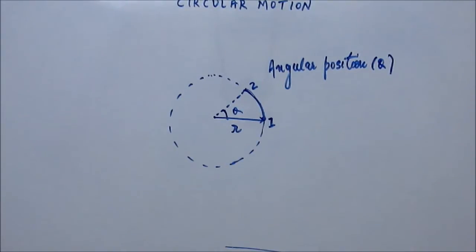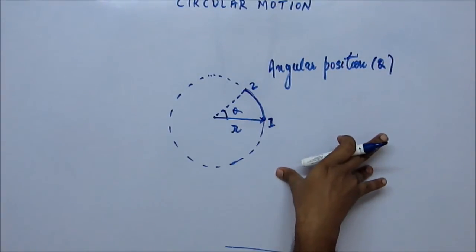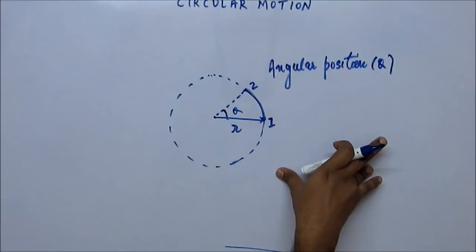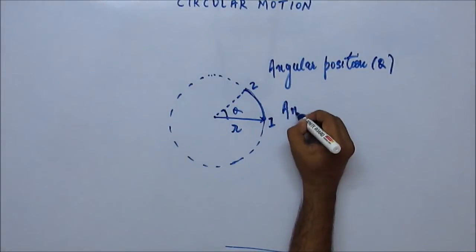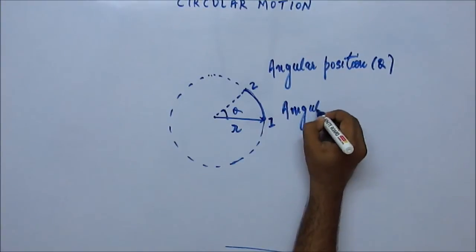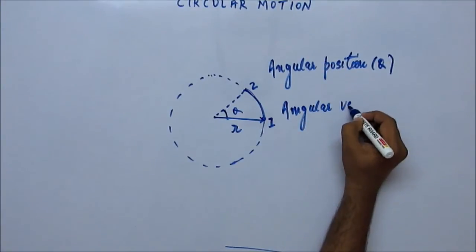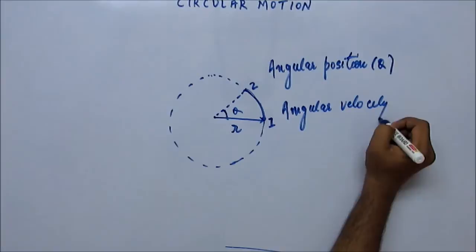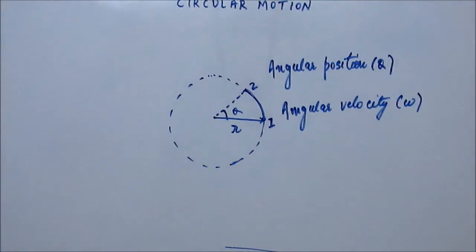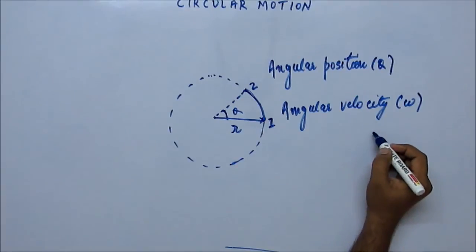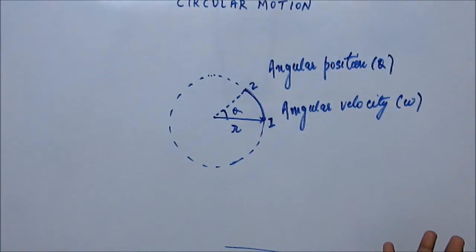Right? Similarly, we can define a quantity analogous to velocity, which we had in case of rectilinear motion. In this case, the analog of it would be angular velocity, and this will be represented by omega. Now velocity, we know, is the rate of change of position, or rate of change of displacement.